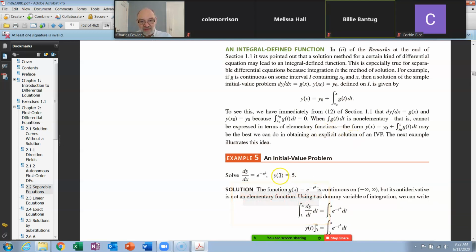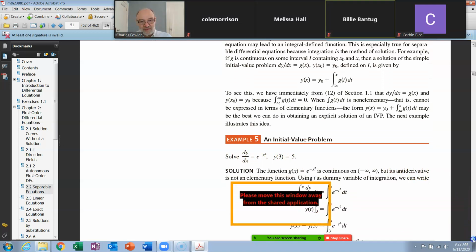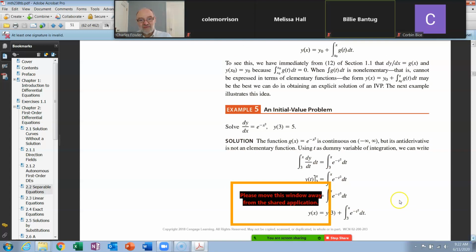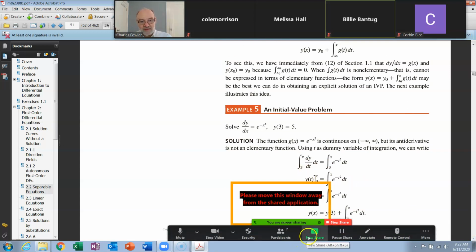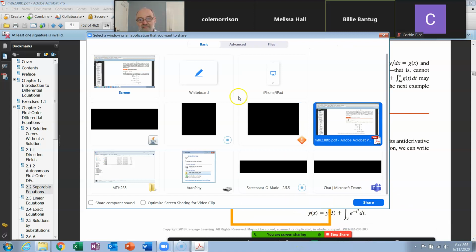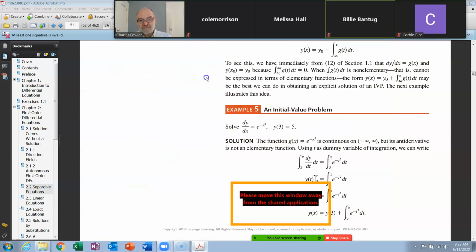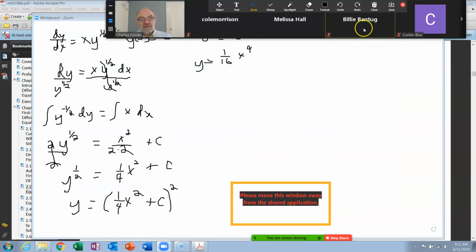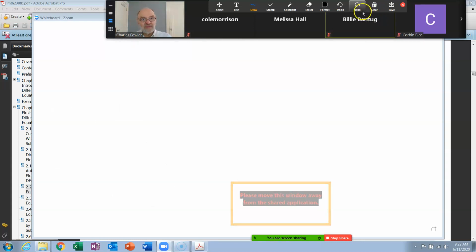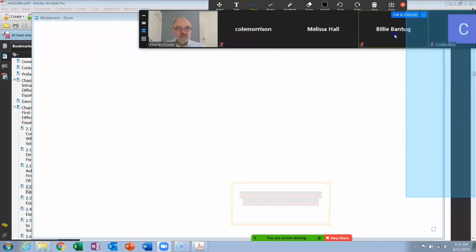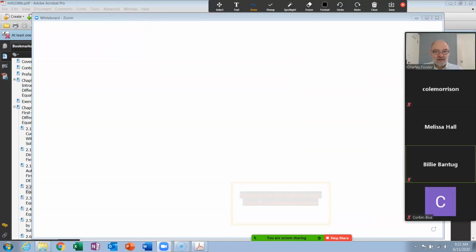For instance, here's a classic one. Solve this one. Looks like a simple enough problem, doesn't it? Okay, I'm going to move this up a little bit so that rectangle doesn't get in the way. Let's go on and go to the whiteboard. Okay. All right, to clear the previous one. Okay, now I got to move you guys out of the way here. Okay.